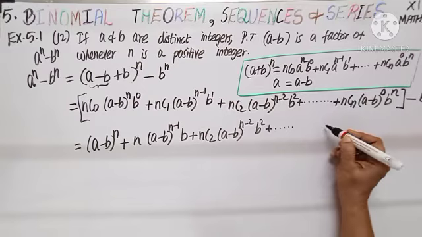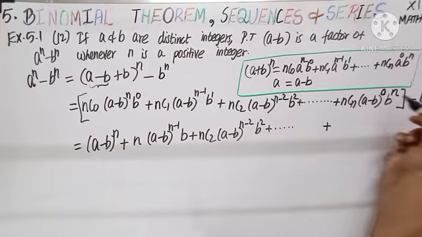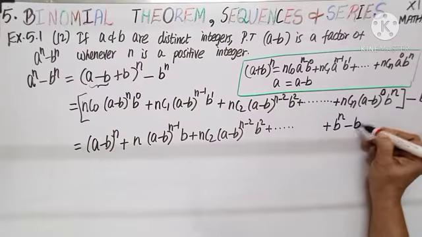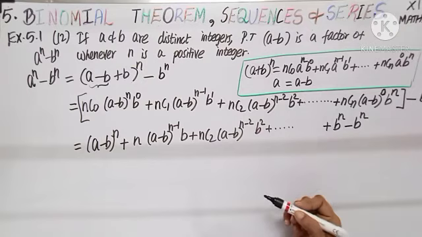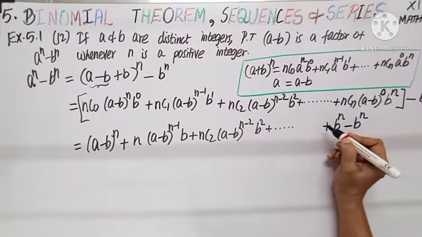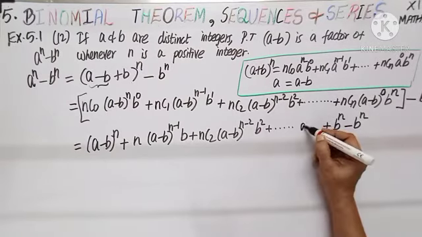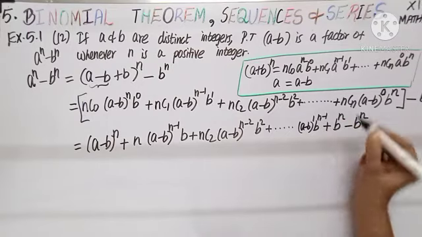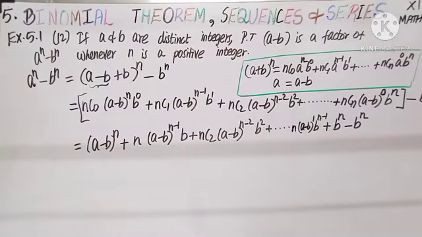For the last term, nCn is 1, (a minus b) power 0 is 1, I am left with b power n. Here I have minus b power n. It is good that we write the previous term. What would be the previous term? It will be (a minus b) power 1 b power n minus 1, and its coefficient is n. Now b power n cancels.